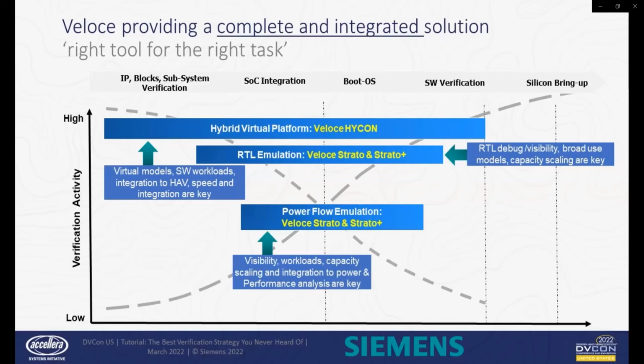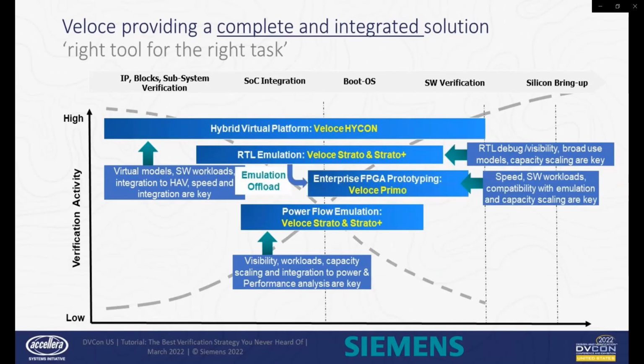When the design becomes more mature and stable, you need to look at power flow on the emulator, which you can do with Veloce Strato and Strato Plus Power App. What is key is still visibility, workload capability, and scaling, and integration to power tools.